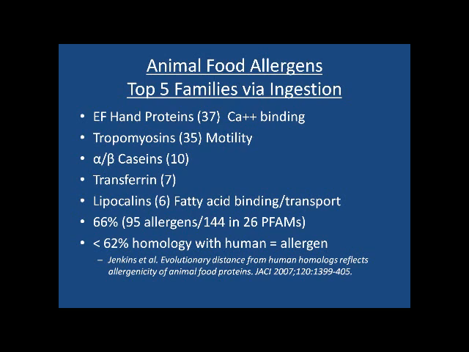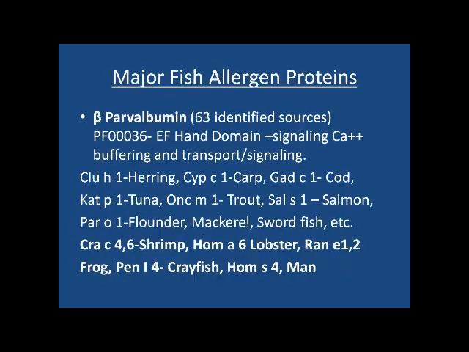And this is a very interesting study, and since we're animals, we have all these proteins too. So the further away on the phylogenetic tree they are, the more likely they are to cause a reaction.